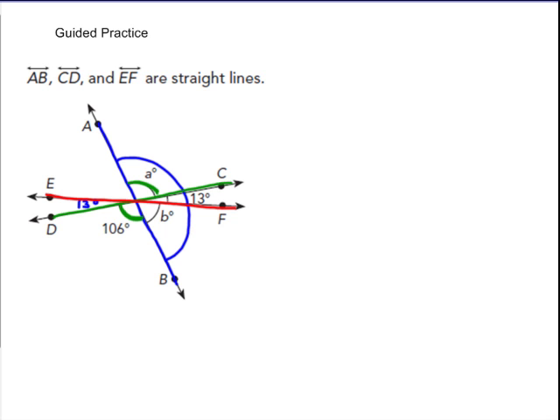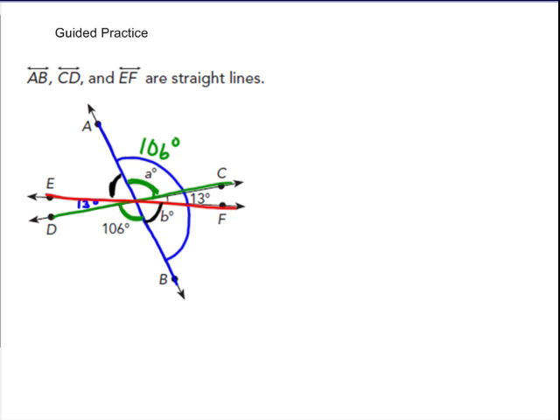So this A over here has to be the same as this 106. I know that because that's a pair of vertical angles, that green pair there. And 13 and 13, that's a pair of vertical angles. And B, in this one that isn't labeled over here, this B and this angle are vertical angles. So this picture, because it has three lines, it has three pairs of vertical angles. But we found A so far.